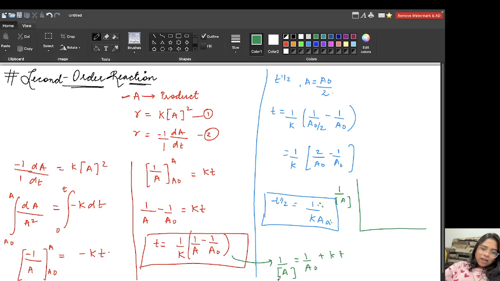So this is my Y, this is my C and this is my mX. In X you have time. Your 1 upon A naught is your C, right? So let my A naught be here. This one will be my 1 upon A naught and slope is equal to K. This is how your second order reaction graph will look.